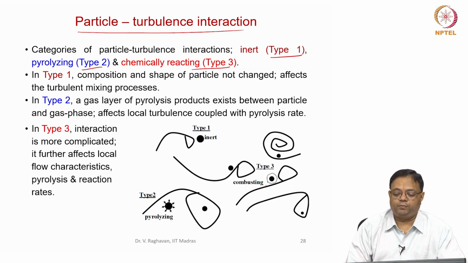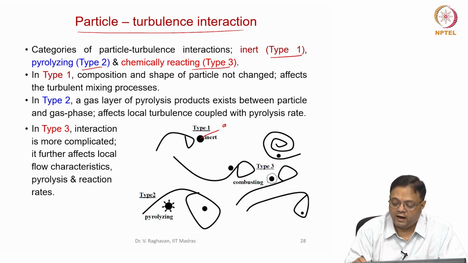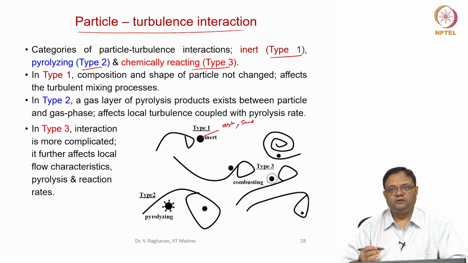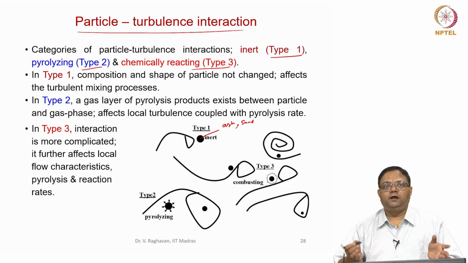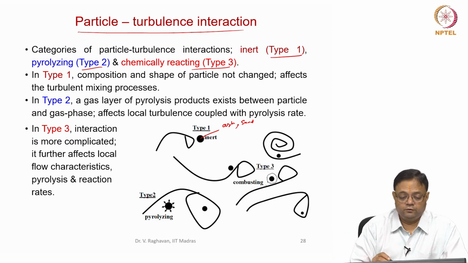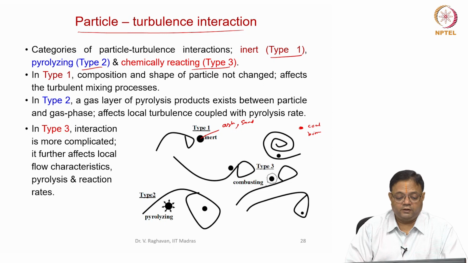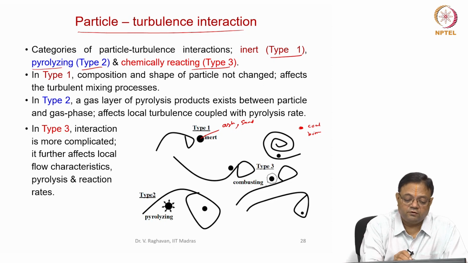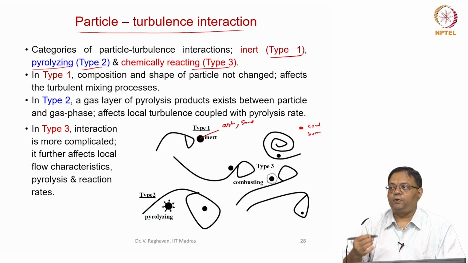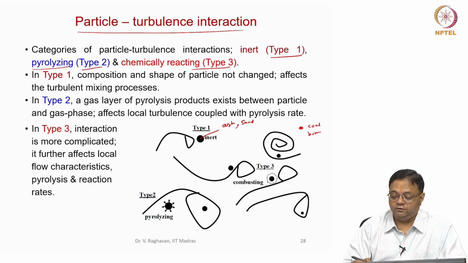Okay, let us say inert particle, like say ash or sand particle, they are not going to react, they are going to only sensibly get heated. Then say there is a coal particle or biomass particle etc. Then it will pyrolyze, volatile gas will be released upon heating. And third is the particle itself can burn.